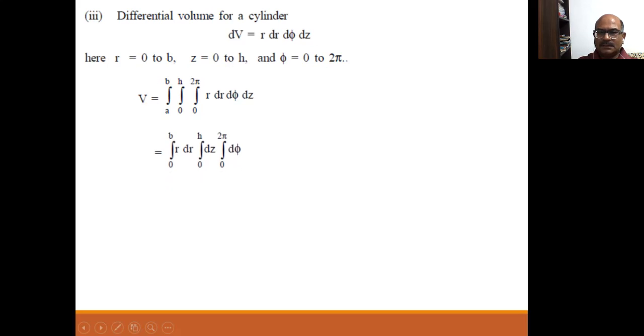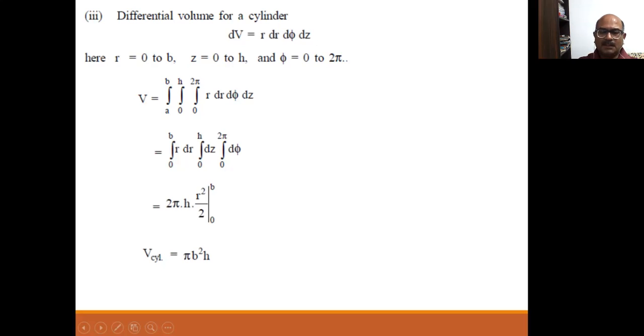Accordingly, it can be separated with the parameters 0 to b, r dr, 0 to h, dz, and 0 to 2 pi, d phi. I think it can be solved in a very simple manner, and we all know that the volume of the cylinder is pi b squared h, or pi r squared h, and we found the volume.